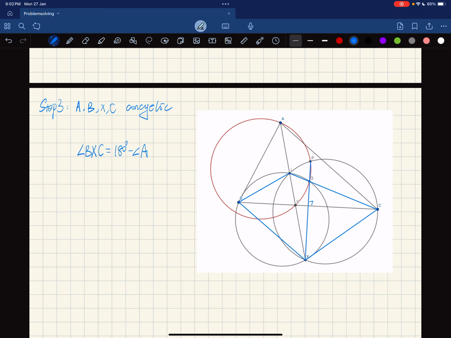Okay, so now what do we have? You can see that we can try to prove that angle BXI equals angle C, right? So how can we do that?